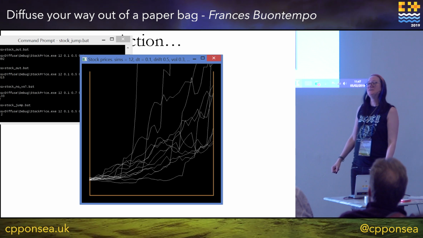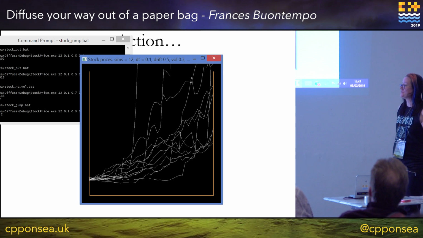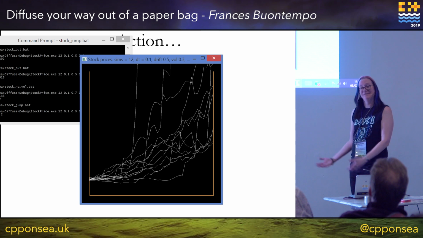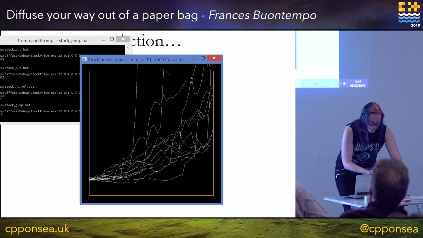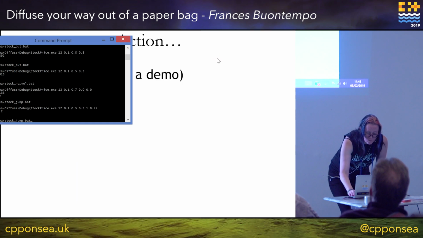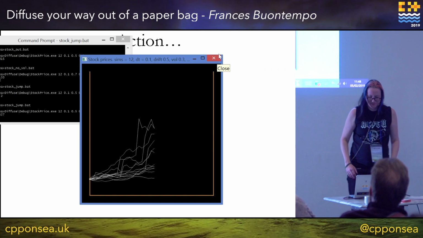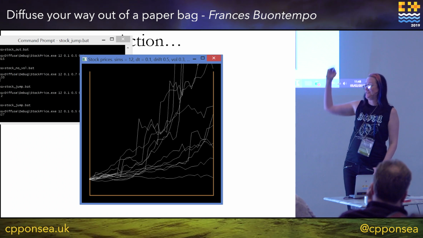This time, we've definitely got some stock prices out of a paper bag using a type of diffusion model. Well, I'm quite impressed. And that's nearly that. Let's just try one more. Yep, some more out again. So the jump diffusion works better.